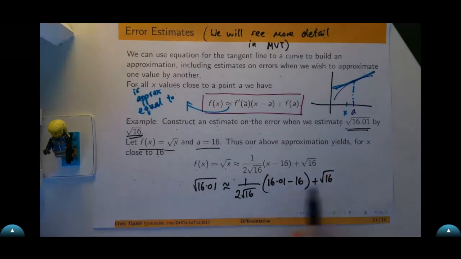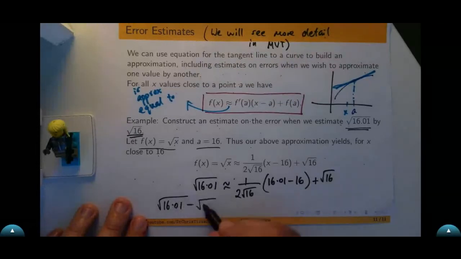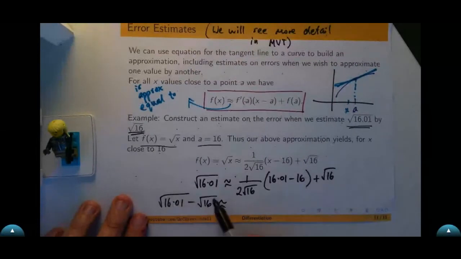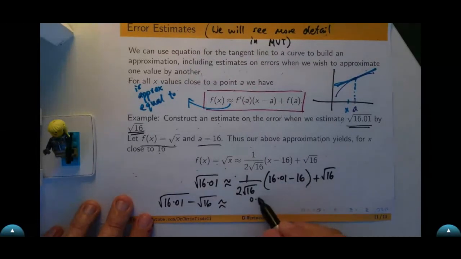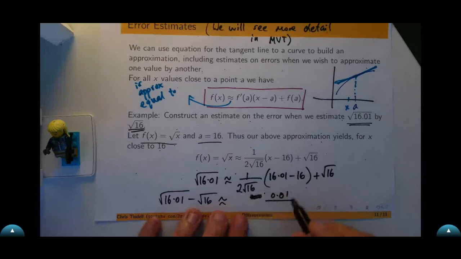If you want to move this around, you can say the error, or the difference between what we want and what we can compute, is going to be 0.1 on the top, and this is going to be 8.